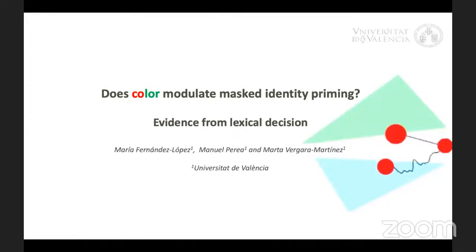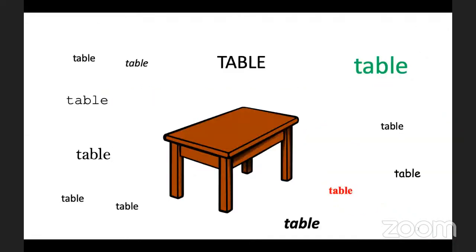So, good morning. Today I'm going to talk about one characteristic that makes word recognition a remarkable feature. I'm sure that all of you have in your minds the image of a table when reading all these words, regardless of differences in some visual forms like size, case, font, and color.